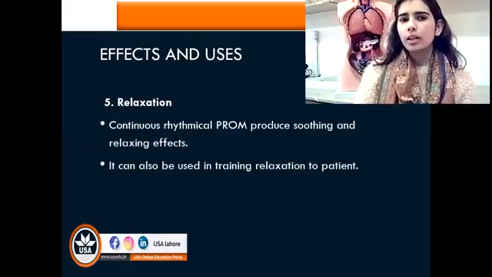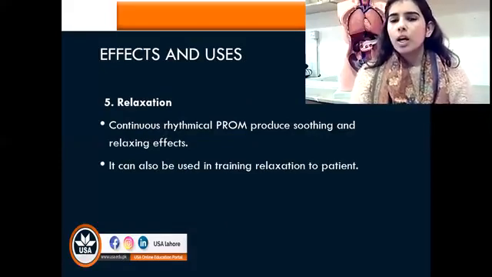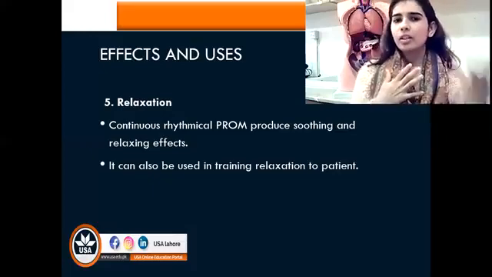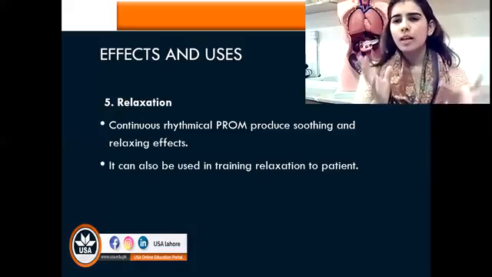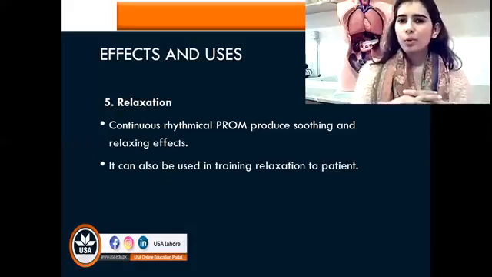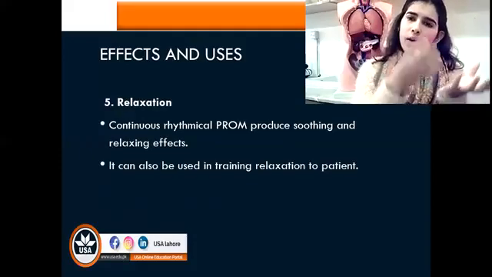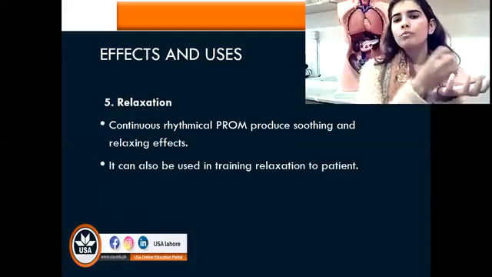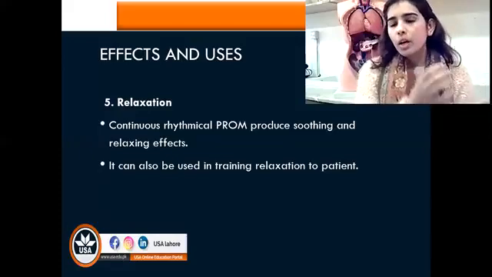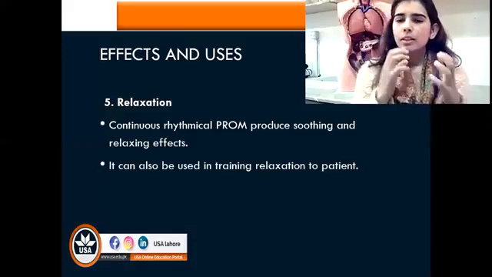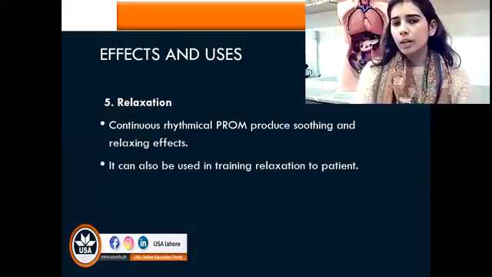So the last one, the effect of relaxed physiological movements, is relaxation. The continuous rhythmic passive range of motion produces a soothing and relaxation effect on the human body, or on that muscle. If we perform a rhythmic, slow, smooth movement on the joint with the help of the therapist or mechanical forces, this is ultimately going to produce a relaxation effect on the muscles of that patient.